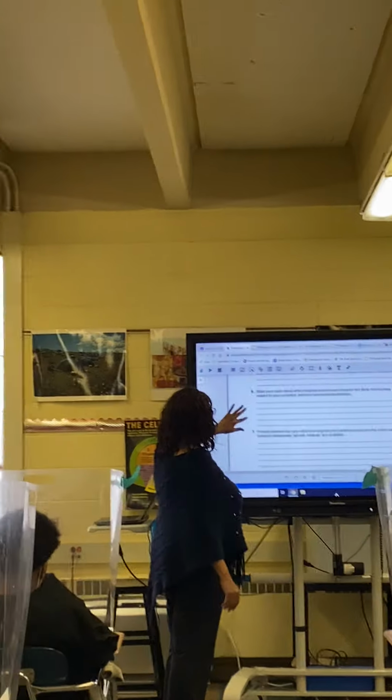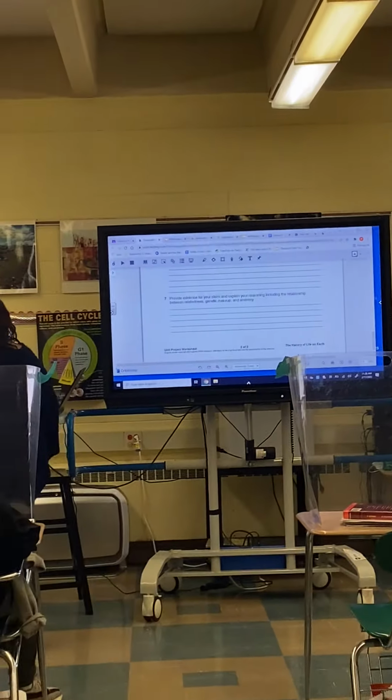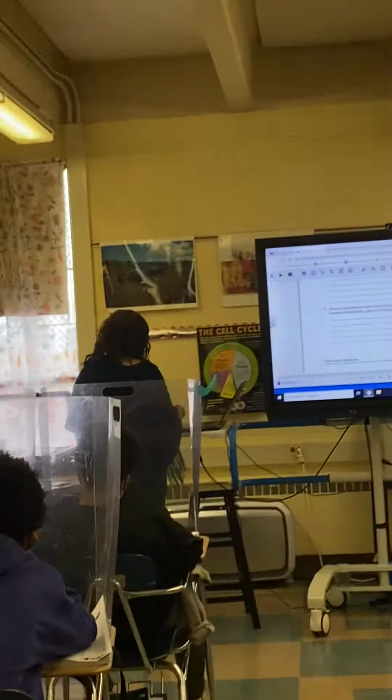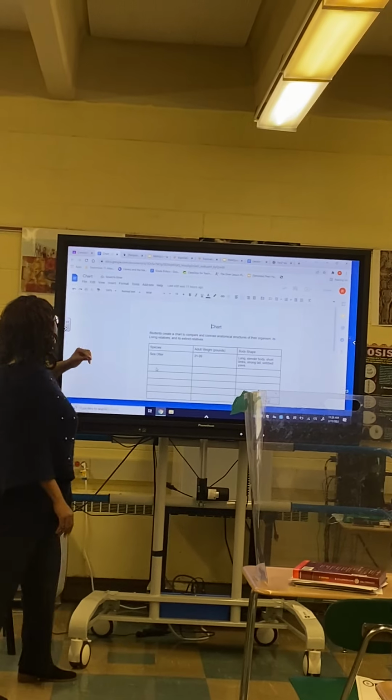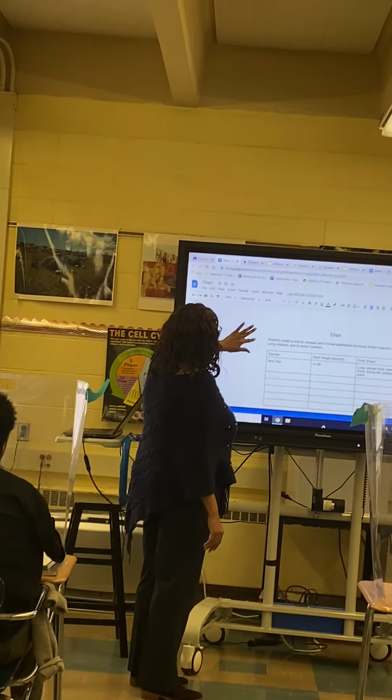And also, there's a table chart that I have started for you guys, and I'm going to show you where that is. It says animal chart for project. I created this chart because you are going to find the species on your own. You're going to look into the different geologic eras.